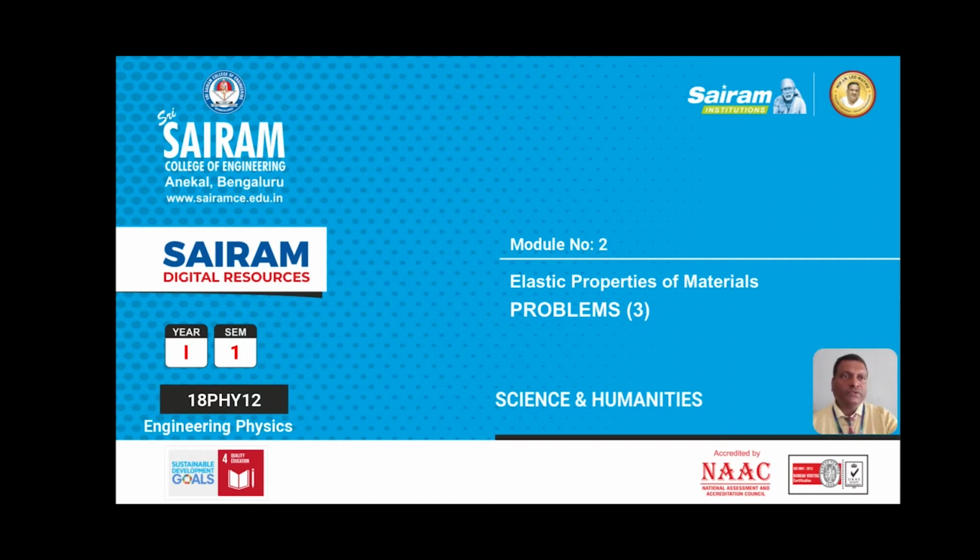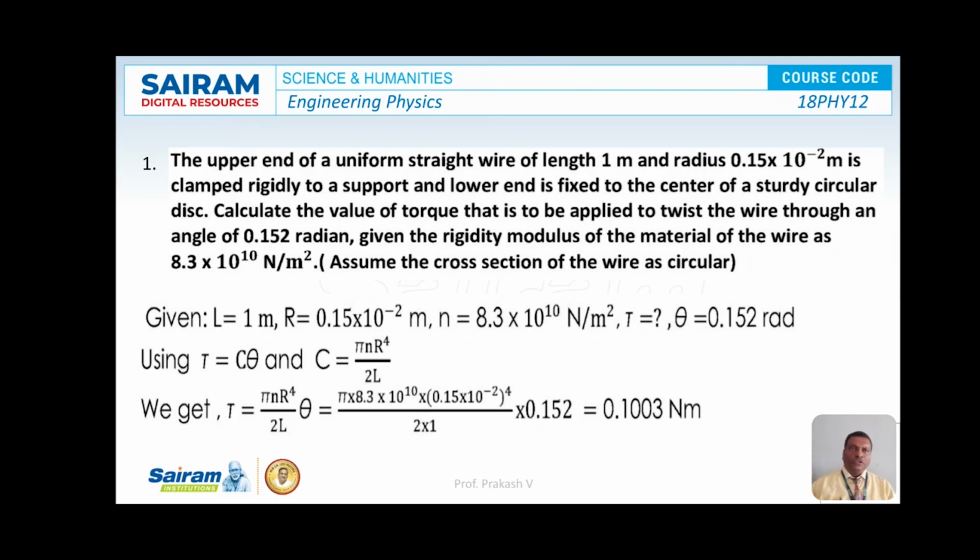The first problem is: the upper end of a uniform straight wire of length 1 meter and radius 0.15 × 10^-2 meter is clamped rigidly to a support and the lower end is fixed to the center of a sturdy circular disc.